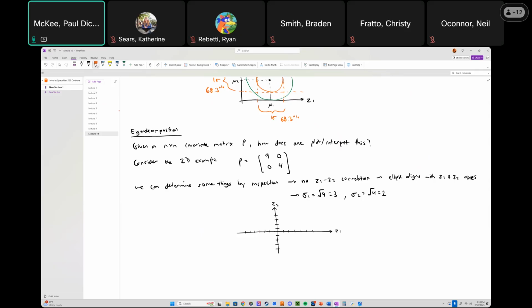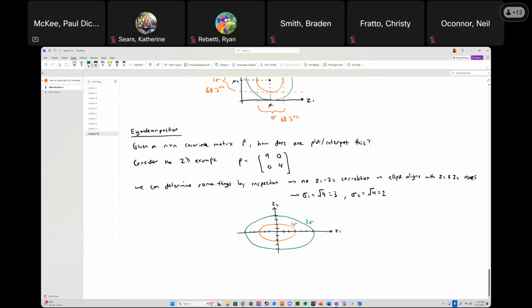So we're kind of from here to here, and then from here to here. And there's our 1 sigma. And then similarly for 2 sigma, it would be from 6 to -6 and 4 to -4. So here's our 1 sigma ellipsoid. Here's our 2 sigma ellipsoid. And you can imagine the third one, I'm just too lazy to go through and do that. You get the idea.